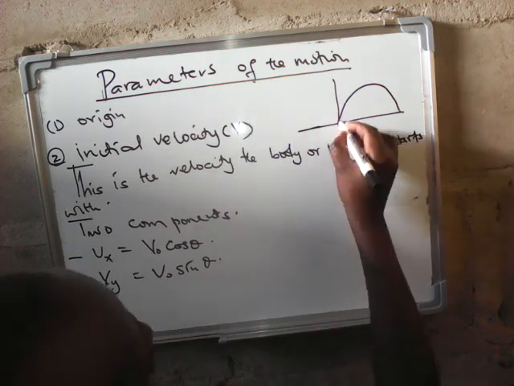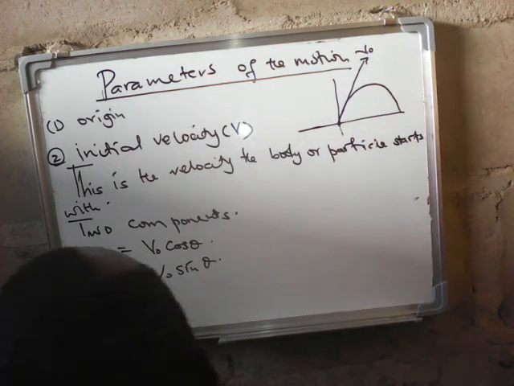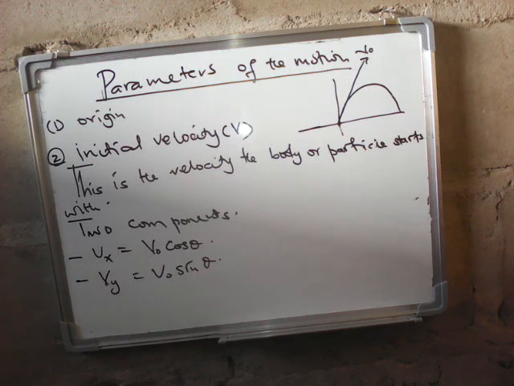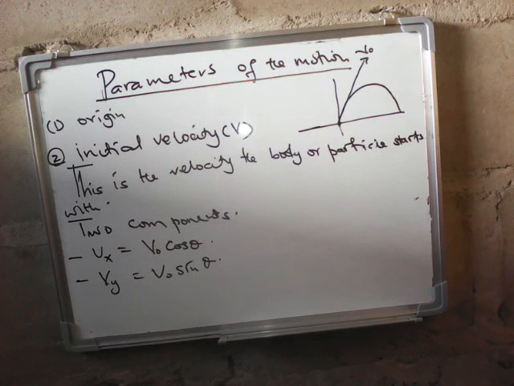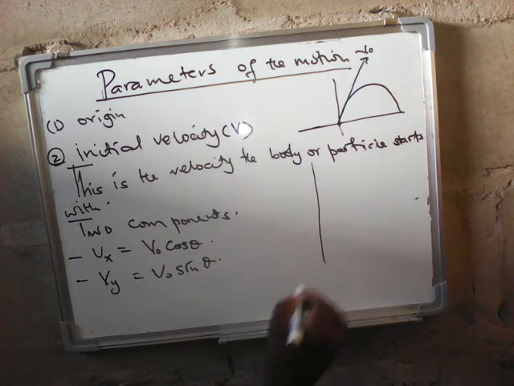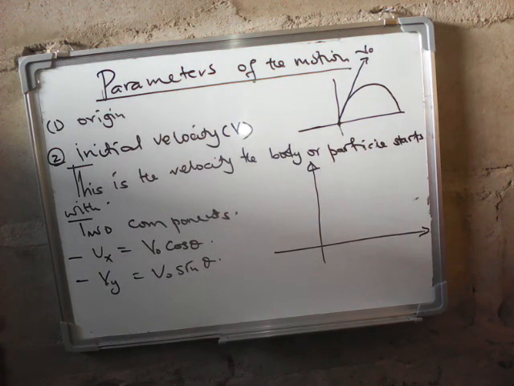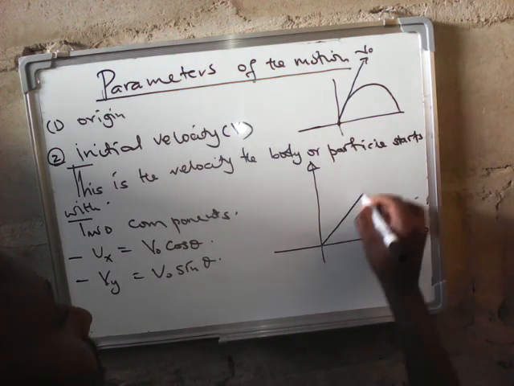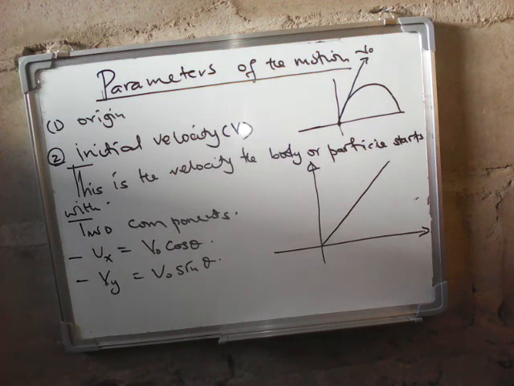If you try to see your V, suppose it is there, that is your V naught, and you want to get these two velocities, because it is going to be resolved in that way.